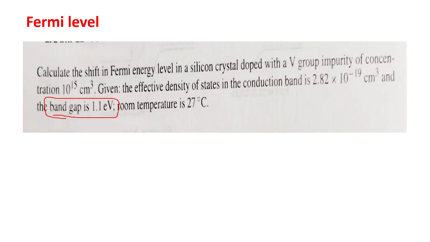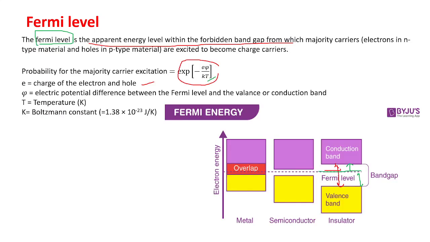The band gap is 1.1 electron volt, Purvika. It is EC. The value of EC is given here as 1.1 electron volt. Then we come to the next term, the value of K. It is the Boltzmann constant, and the value of K is 1.38 into 10 raised to power minus 23 joule per Kelvin. Whenever we are solving the question, make sure the units are the same standard for each of the values.